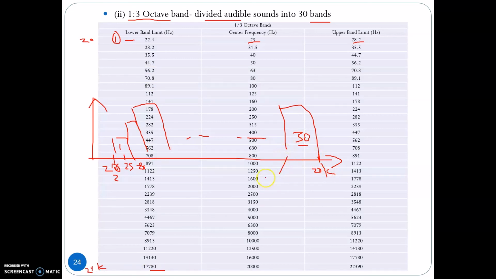The lower limit is 17K, upper limit is 22K, and the center frequency here is 20K. So the purpose of having the 1/3 octave band or the 1/1 octave band depends on whether you want a better frequency resolution or not. If you prefer a better frequency resolution, then we will go for the 1/3 octave band.